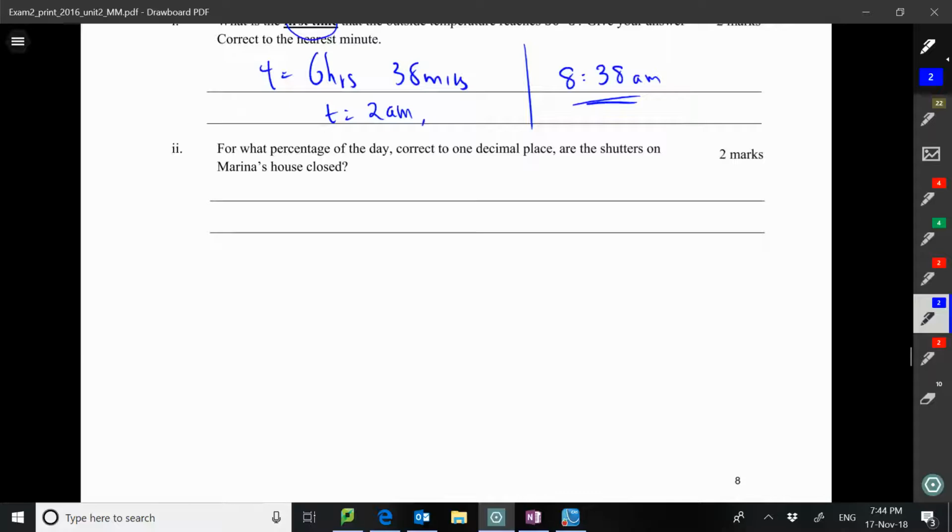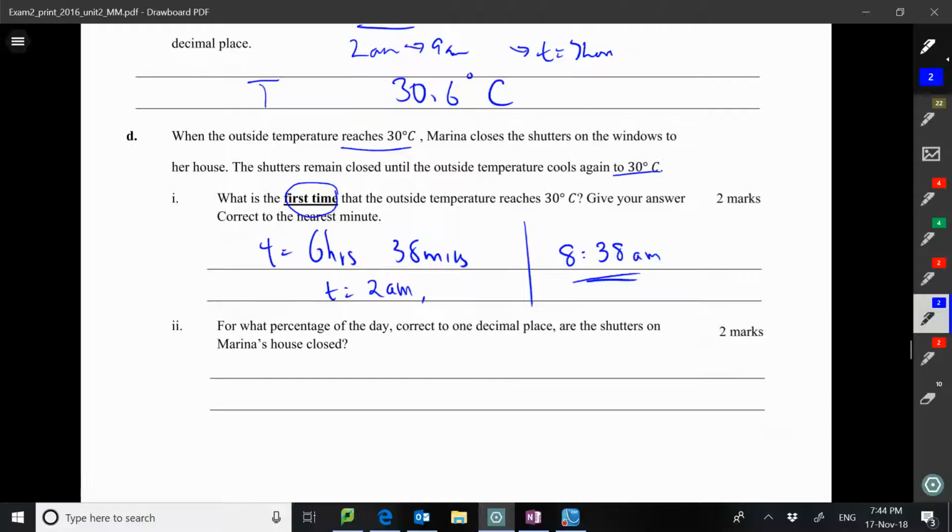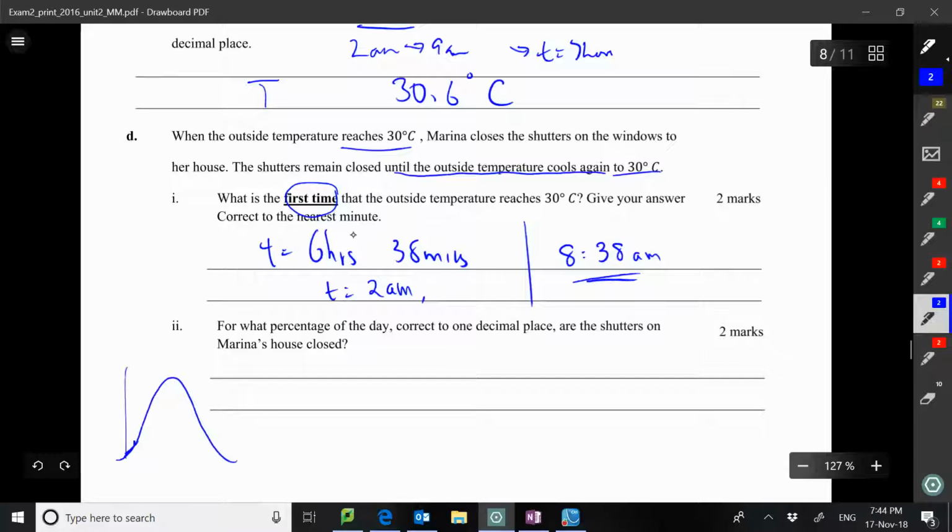Next one, for what percentage of the day, corrected to 1 decimal place, are the shutters on Marina's house closed? Now, they said Marina closes the shutters on the windows to her house, and the shutters remain closed until the outside temperature cools again to 30 degrees. So once it reaches 30, if you think about the graph, it goes up and it goes down. The graph reaches 30 at some point, okay, and then it shuts, and it remains shut until it reaches 30 again.